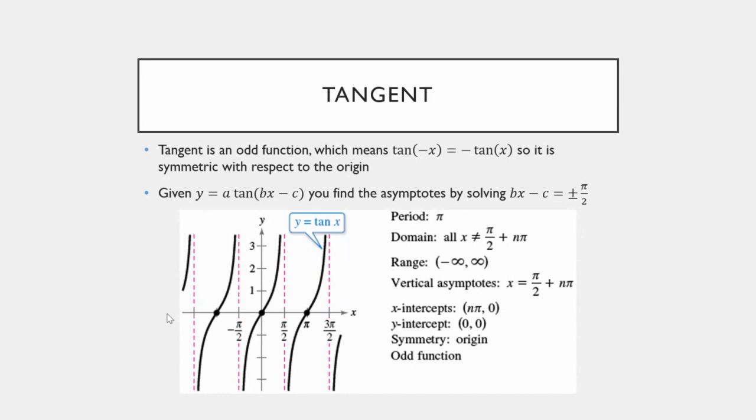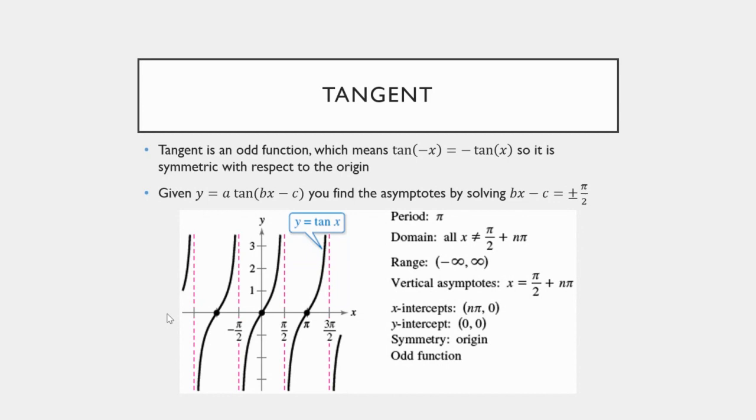Because tangent is sine over cosine, there are asymptotes wherever the cosine of x is equal to 0. You can find those by taking whatever you're taking the tangent of, the inside part, setting it equal to plus or minus pi over 2, and that will give you the location of two asymptotes.